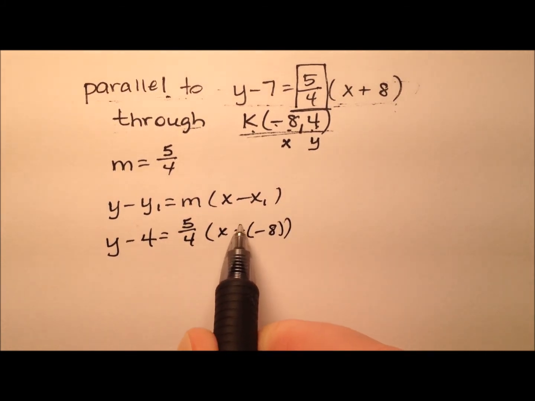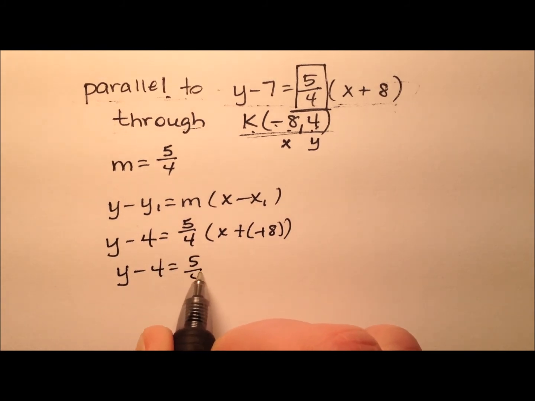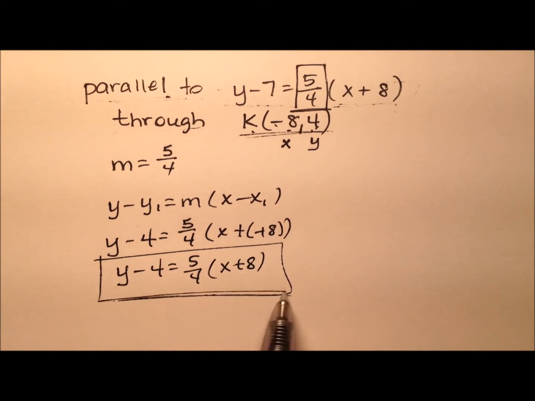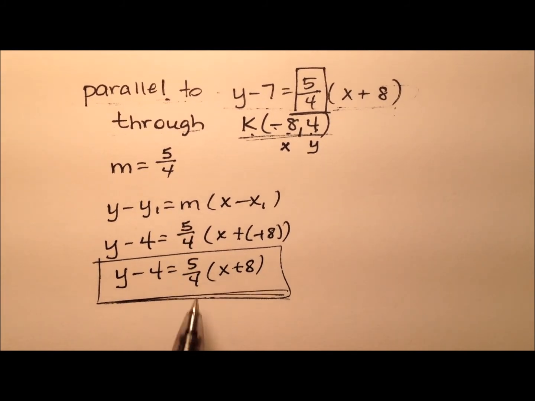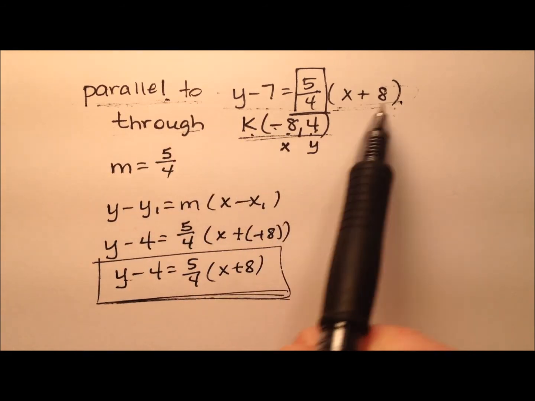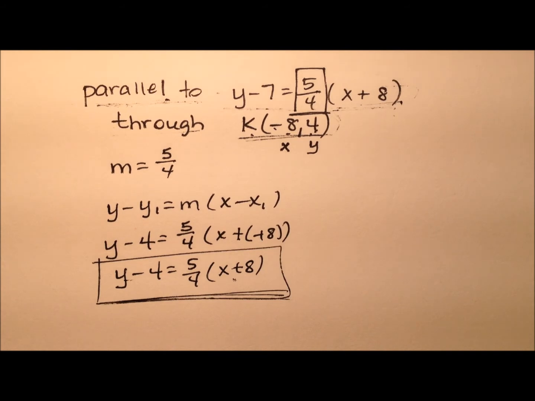So the minus and negative, swoosh, swoosh. So my equation here will look like this with the x plus 8. So here's the equation of the line in point-slope form that's parallel to this line, but this line passes through our new point, (-8, 4).